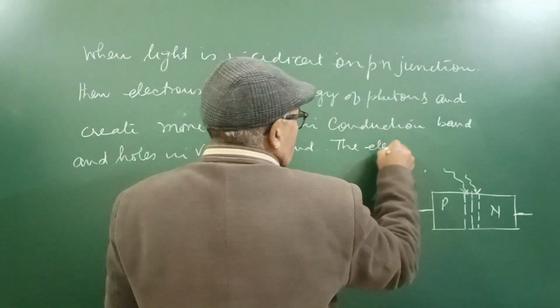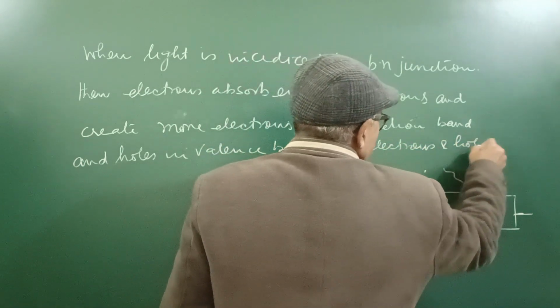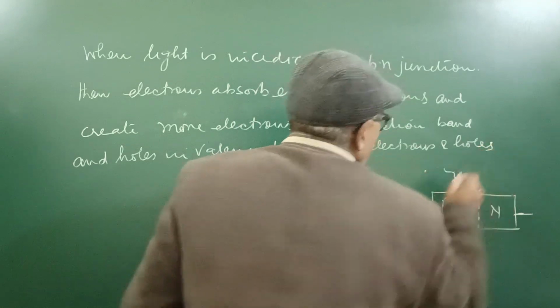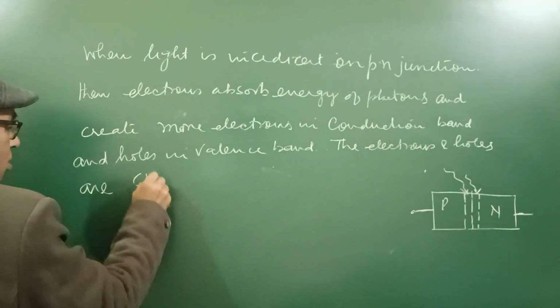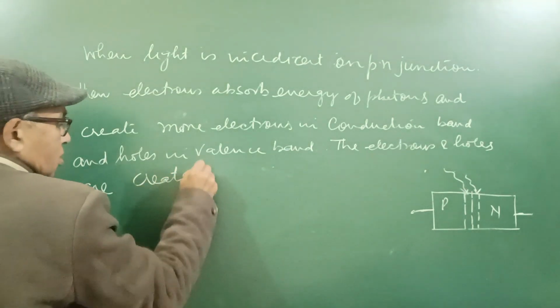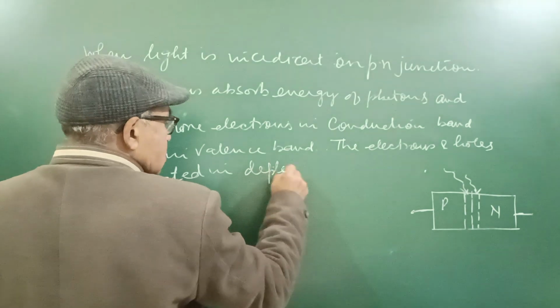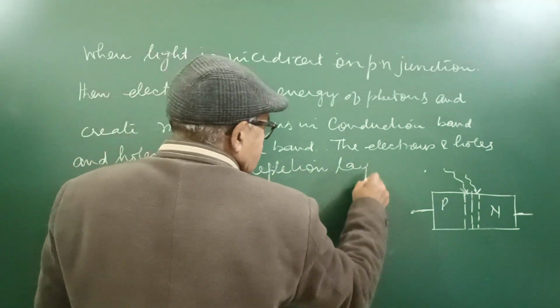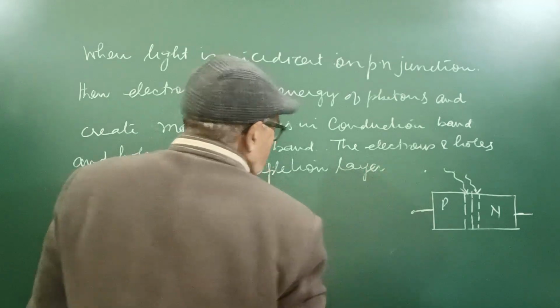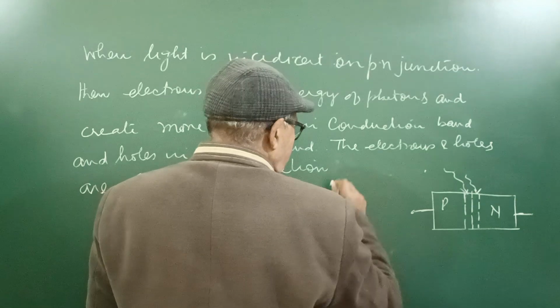These electrons and holes are created in the depletion layer, or depletion region, I should say.